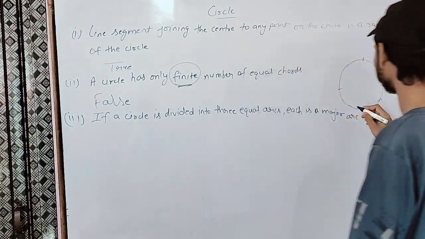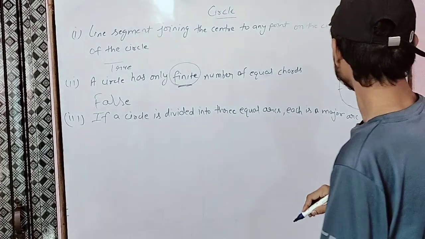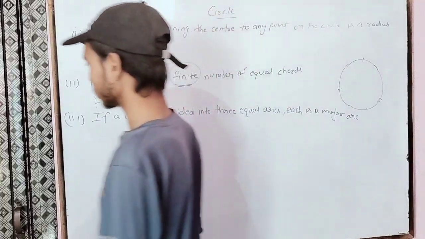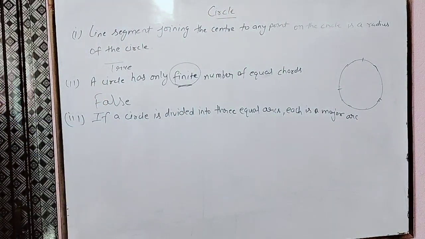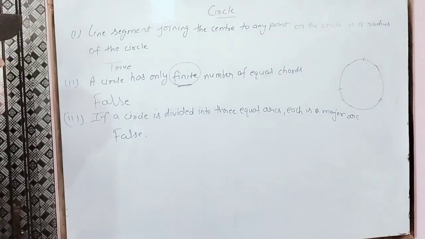The three arcs are equal to each other, not a measure. Okay, this is wrong. Now next.